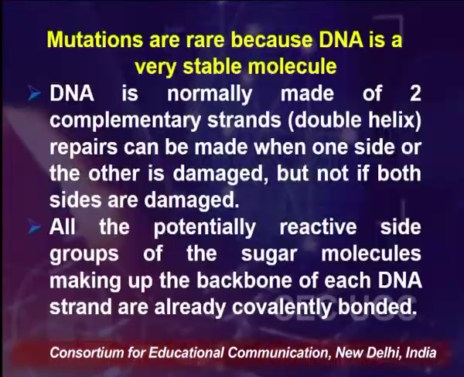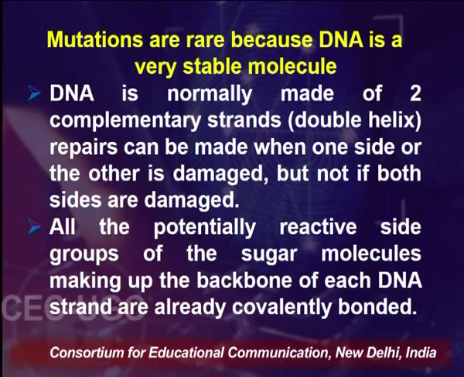That we will look at in the Hardy-Weinberg equilibrium. Mutations are generally very rare because DNA is a very stable molecule. We know the structure of DNA is double stranded. It is made up of two complementary strands, and repairs can be made when one strand or the other is damaged. But if both sides are damaged, then the repairs cannot be made in DNA.